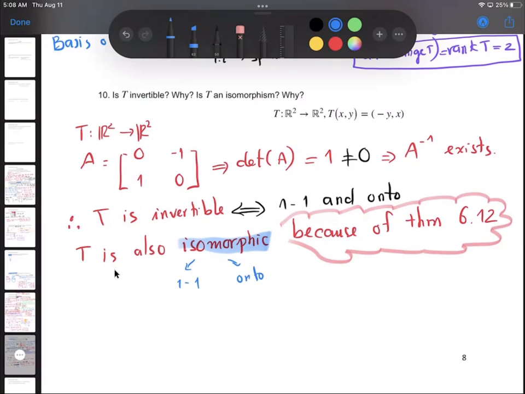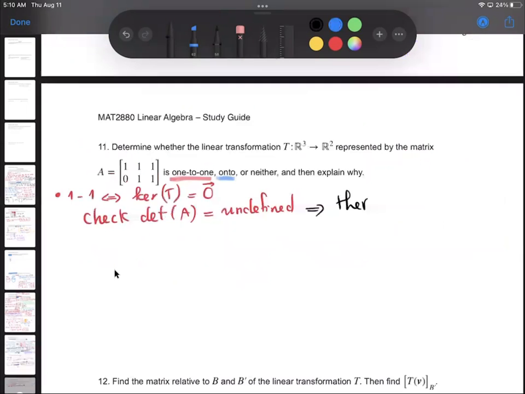This implies there is no unique solution, right? Thus, kernel of T, let me rewrite kernel of T properly.